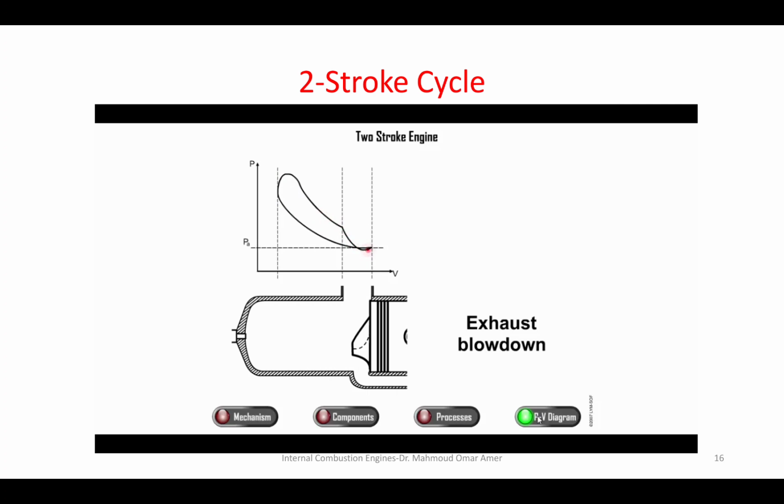So during the intake, air entering the crankcase might mix with some oil vapors and suck them inside the cylinder. So in all 2-stroke engines, you refuel with fuel and oil, because oil is burned inside the cylinder. Because there are no gaskets that separate the oil from the cylinders. Okay?